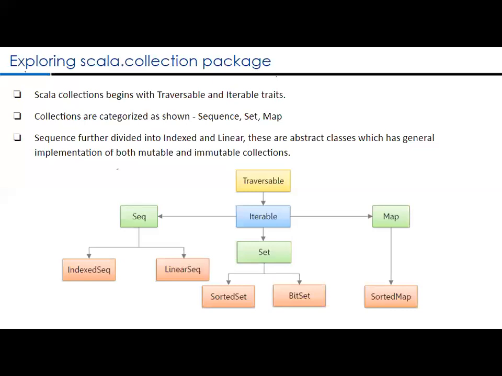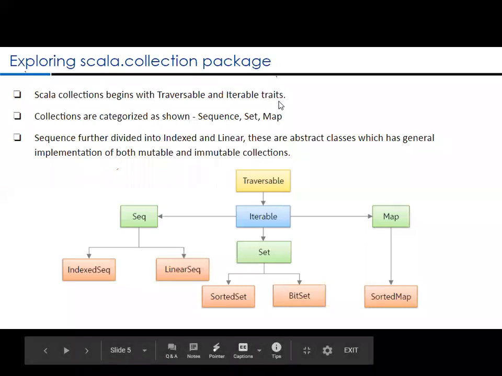Immutable collections are part of the Scala.collection.immutable package. Mutable collections are part of the Scala.collection.mutable package. Let me proceed. Scala collections begin with the root interface, or what we call traits in Scala.